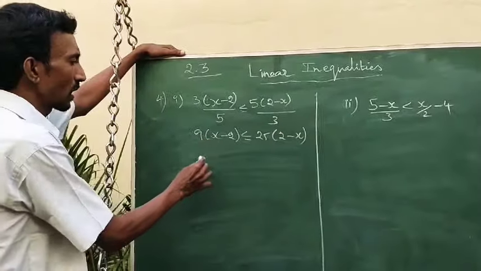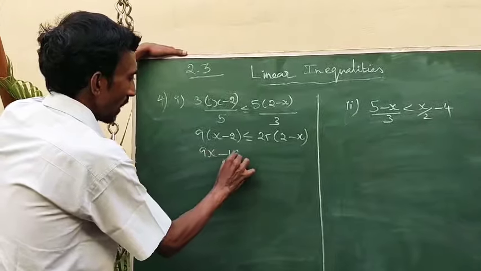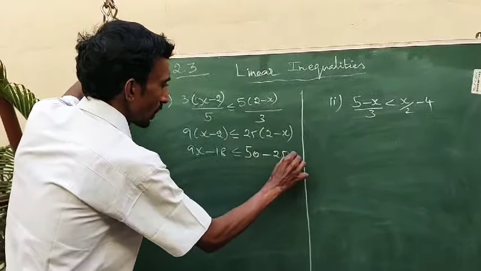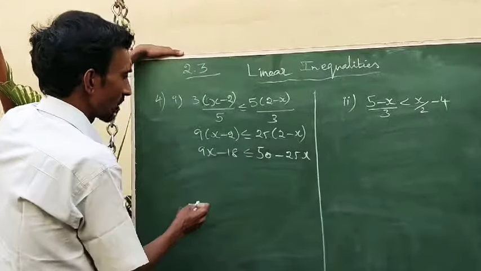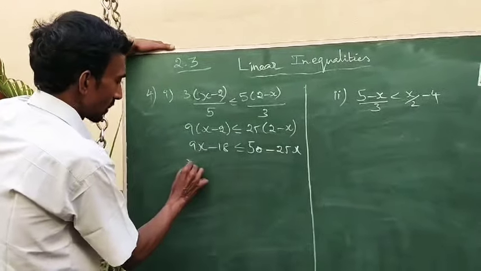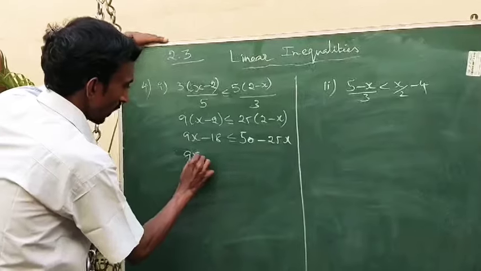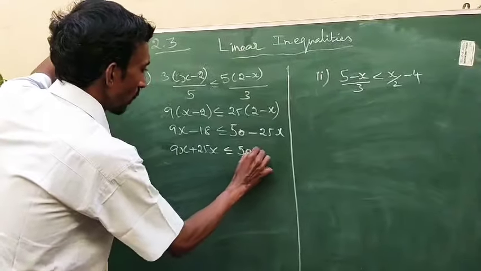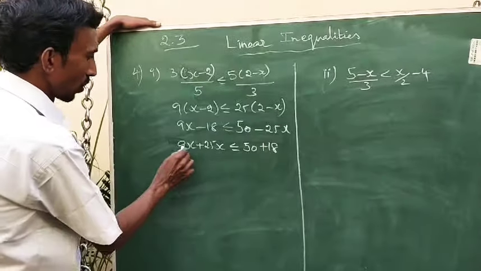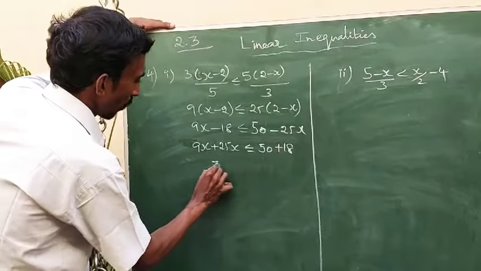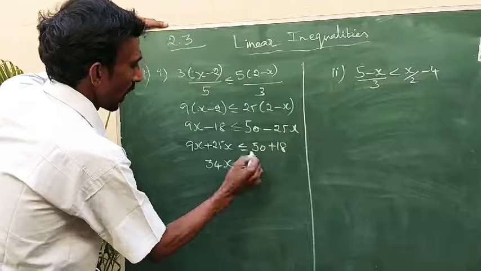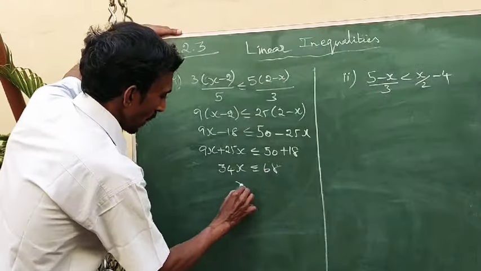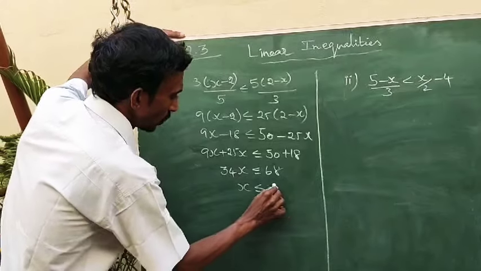So multiply inside: 9x minus 18 less than or equal to 50 minus 25x. So just change the side. So 9x plus 25x less than or equal to 50 plus 18. So what is that? 34x less than or equal to 68. So x less than or equal to 2.